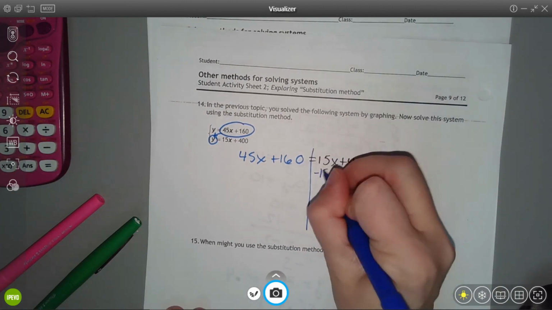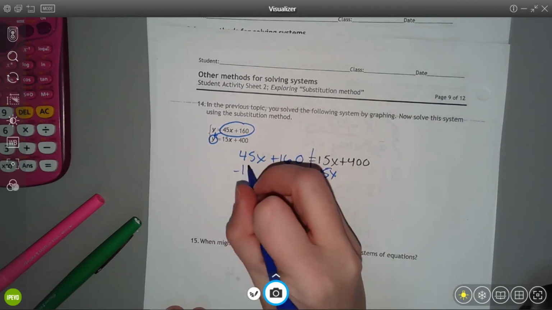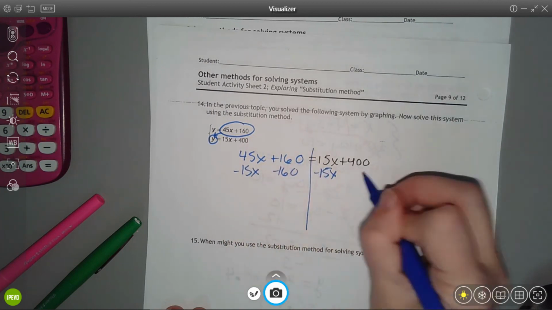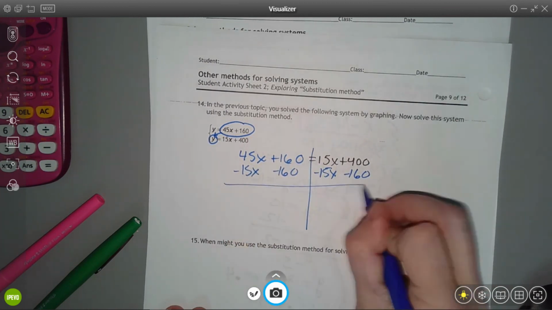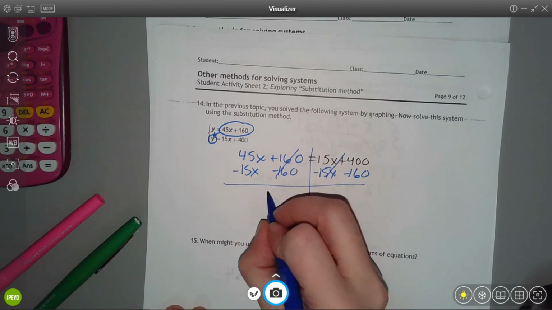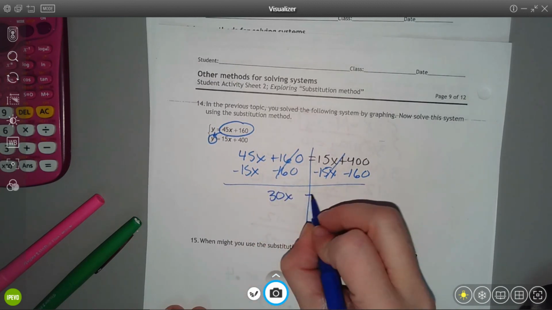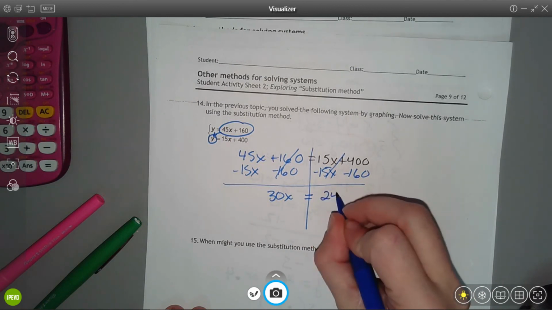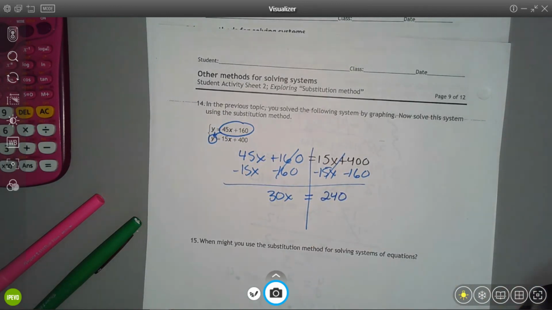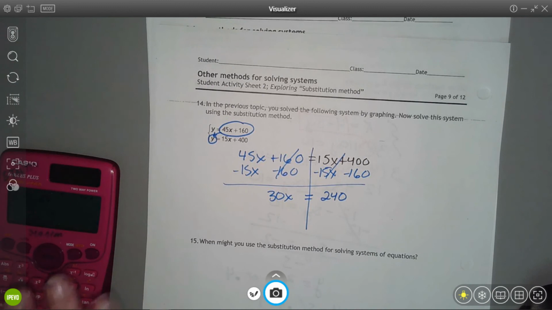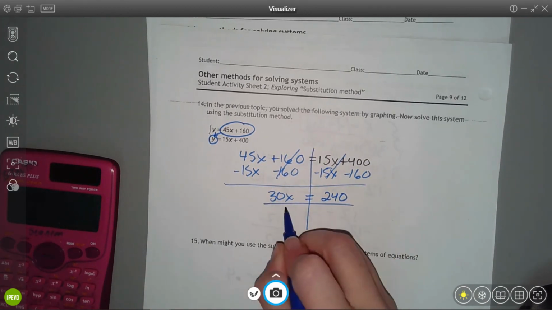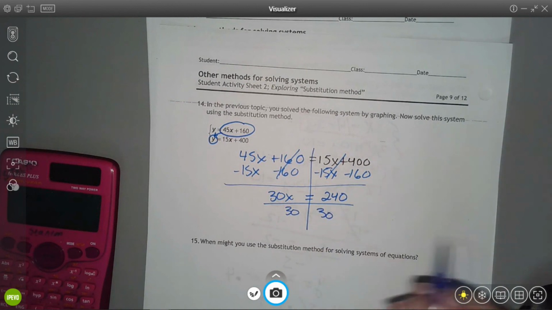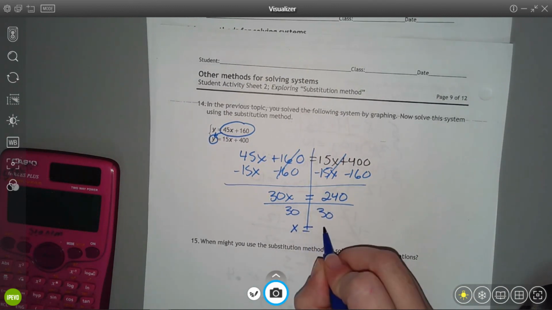Letters to the left, numbers to the right. I'm going to do this all in one step here. And I get that 30x equals 240. Last step, divide both sides by 30, and we get that x equals 8.